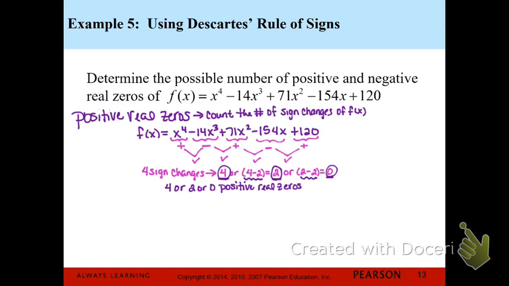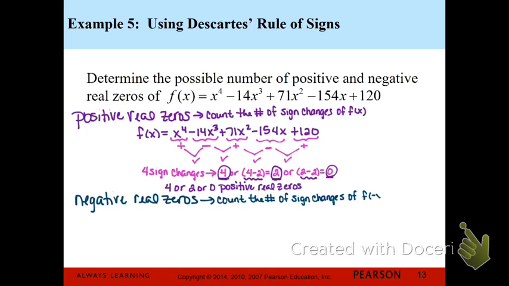All right, so then we've got to find the number of negative real zeros. So we're going to count the number of sign changes of f of negative x. So this time I'm going to have to do a little work.